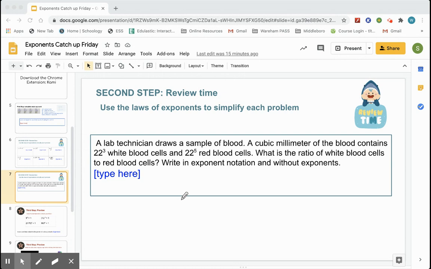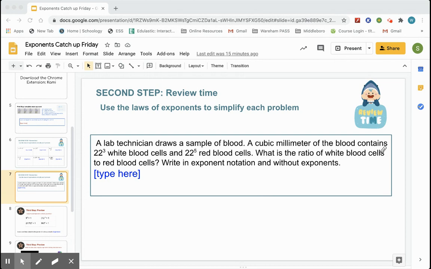So I know that there are 22 cubed white blood cells, and then the number of red blood cells is 22 to the 5th power.